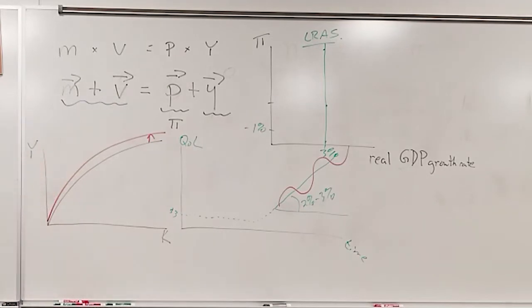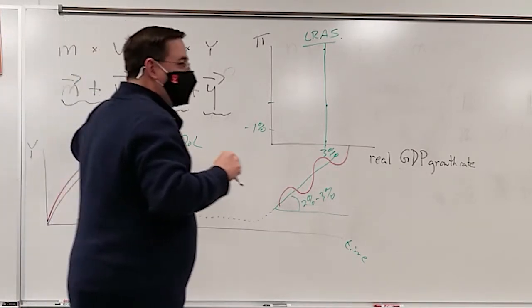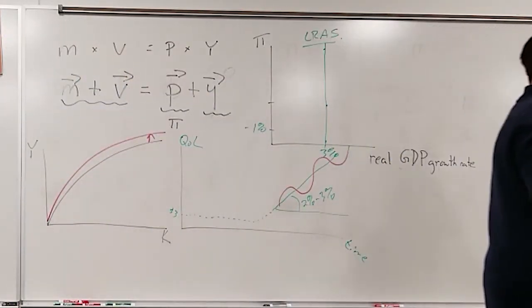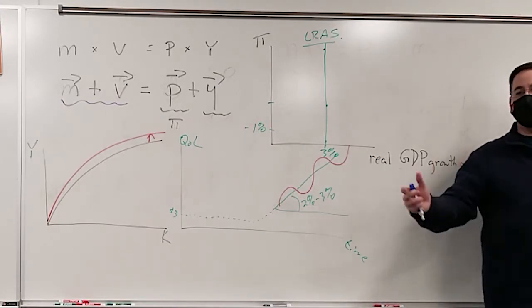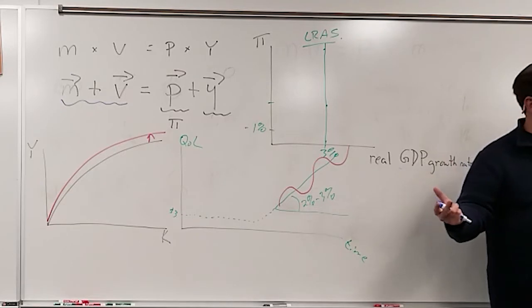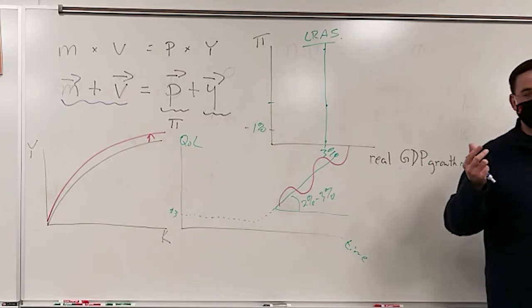I've said that M plus V is total spending, total nominal spending. How many actual dollars are being spent every year? Now, who does this spending? Who does the buying in the world? Consumers, investors, government does the buying.